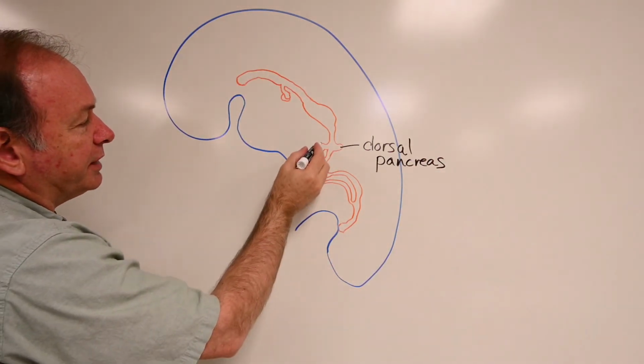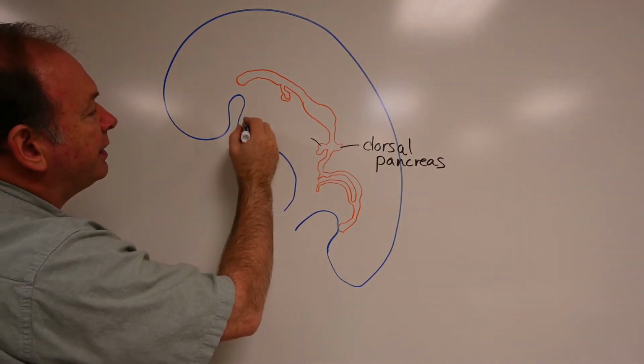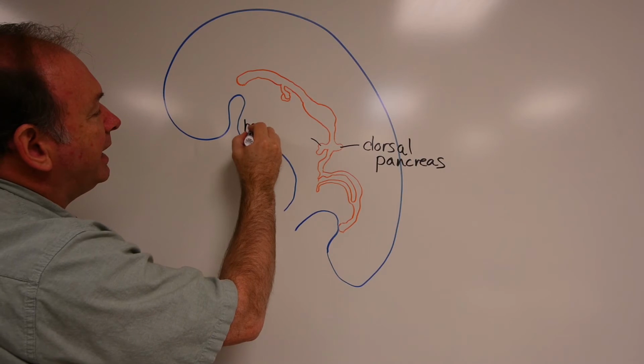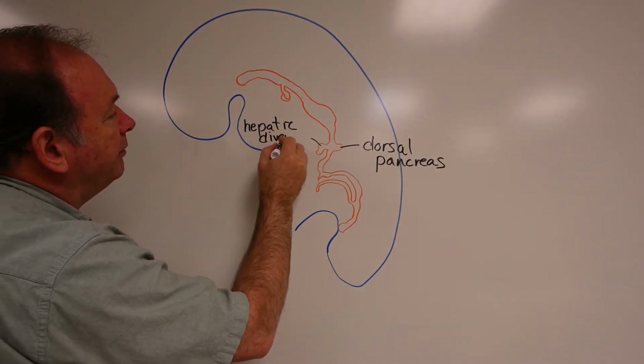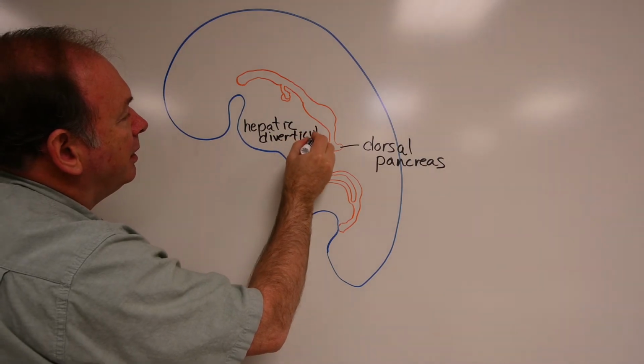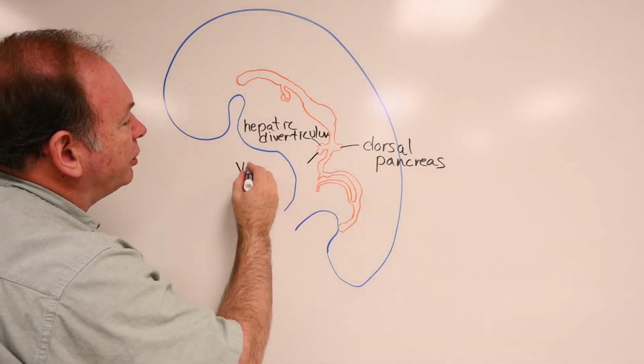On the ventral side over here, we have one little lump growing there that's called the liver diverticulum or hepatic diverticulum. And then the other one right here is going to be the ventral pancreas.